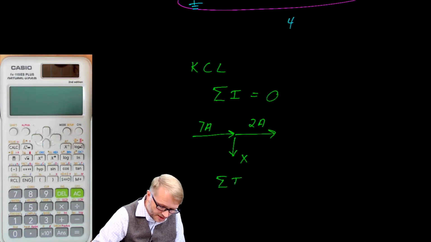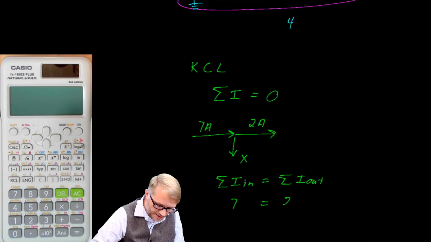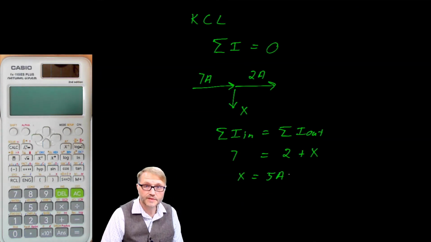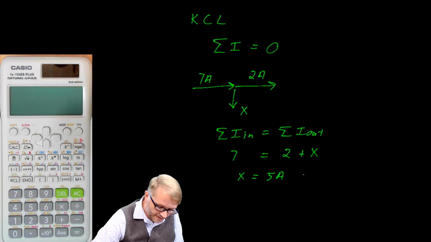The summation of the currents in is equal to the summation of the current out. Here we have 7 in and 2 plus X leaving. So X must be equal to 5 amps in the direction that it's shown. So it's 5 amps in the downward direction.